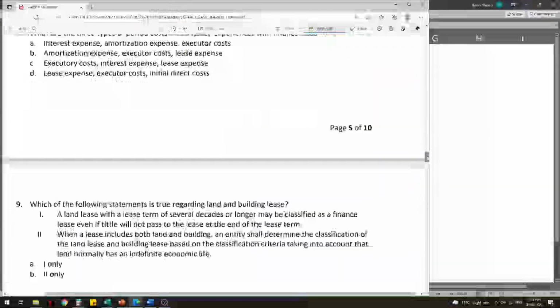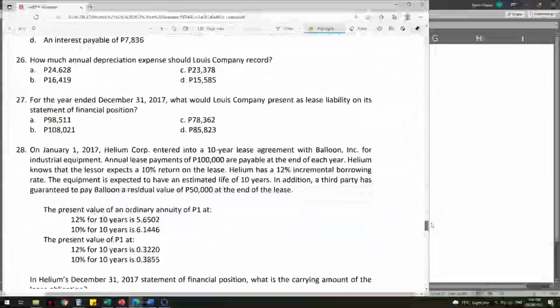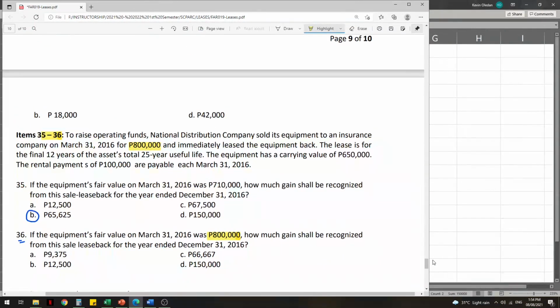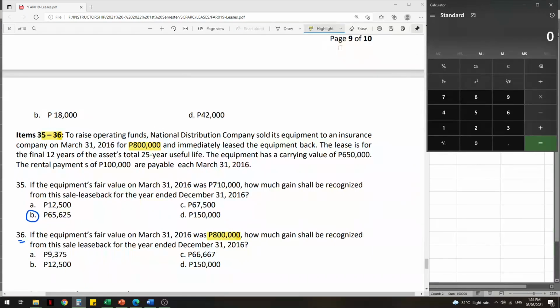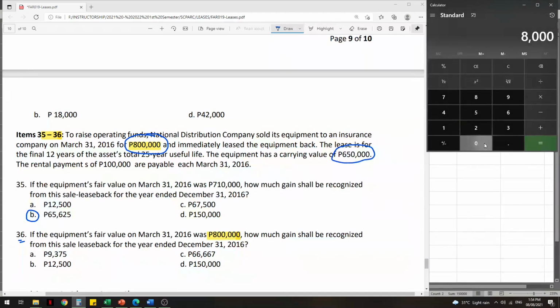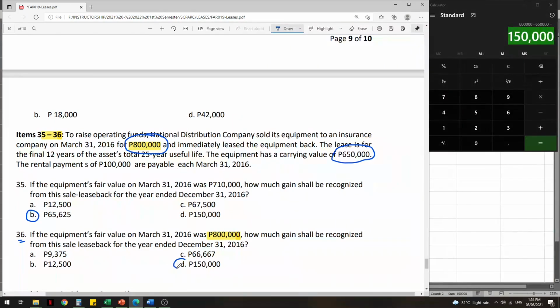Meaning, sa number 36 po, eto, if I were to compare the selling price of 800,000 against the carrying amount of 650,000, 800 minus 650, this much is recognized immediately. Your answer for number 36 is letter D.